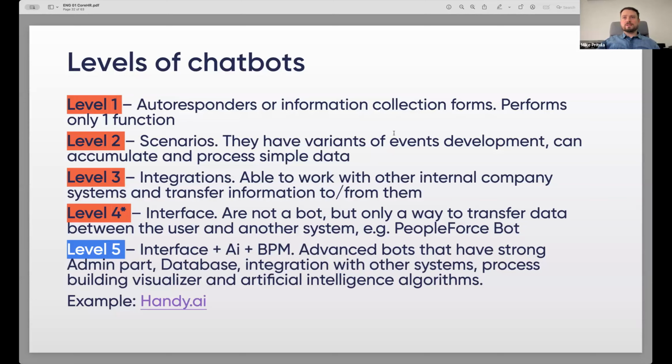They're able to work with other internal company systems and transfer information to or from them. Level four is more an interface. It is not a bot, but only a way to transfer data between the user and another system, for example, the PeopleForce bot. And level five, interface plus AI plus business process management. Advanced bots that have a strong admin part, database, integration with other systems, process building, visualizer, and an artificial intelligence algorithm, like Handy AI.